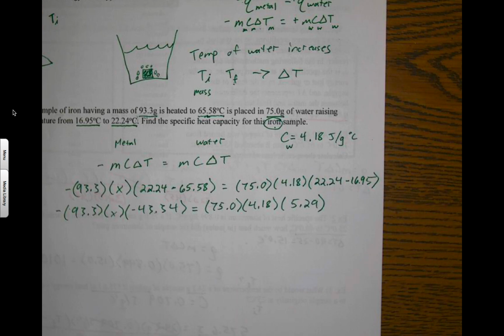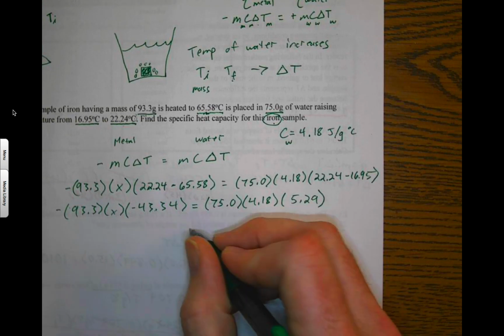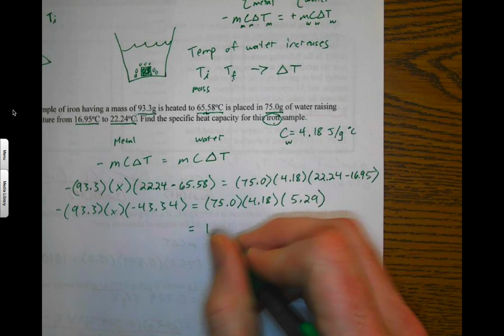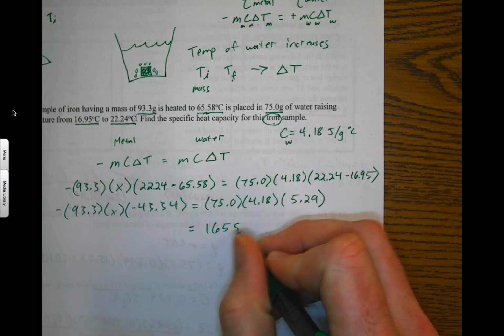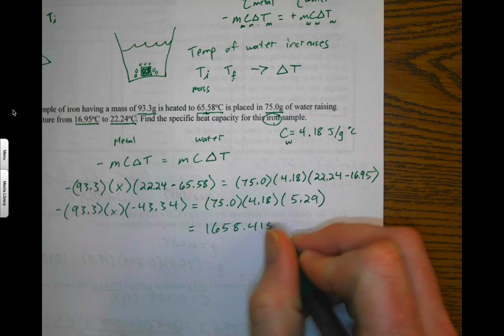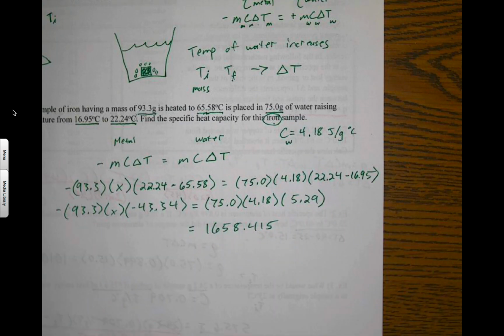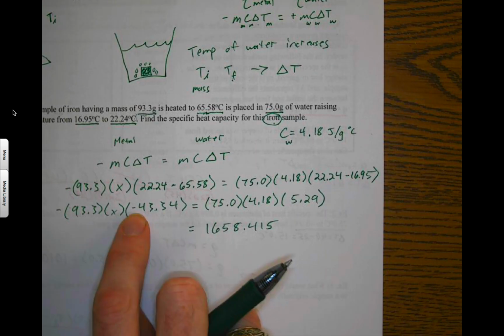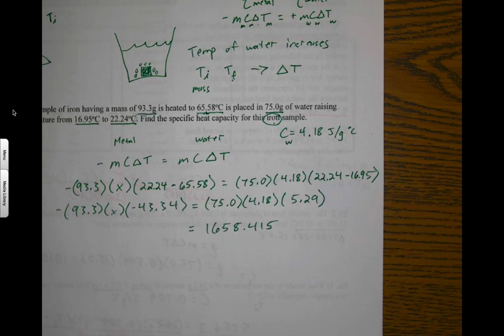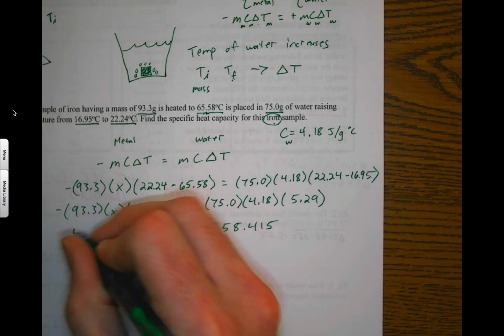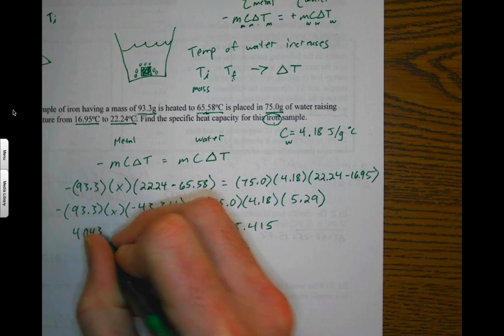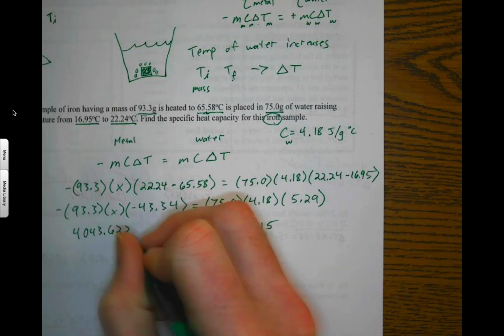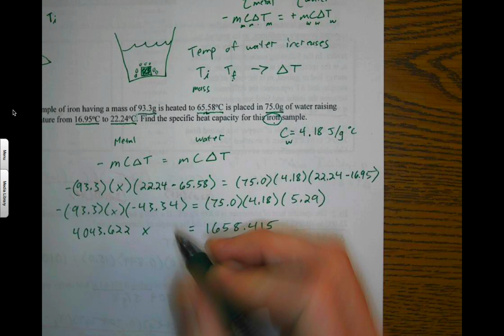75 times 4.18 times 5.29. So that's going to be, you can condense them down if you want. This negative times the negative is going to make that positive. So 93.3 times 43.34 is going to make 4,043.622, and then with the x on there.